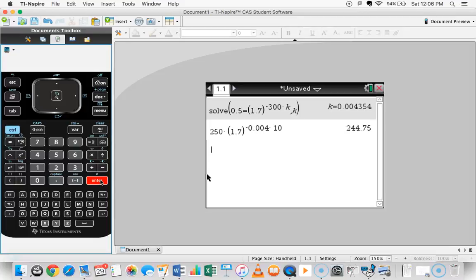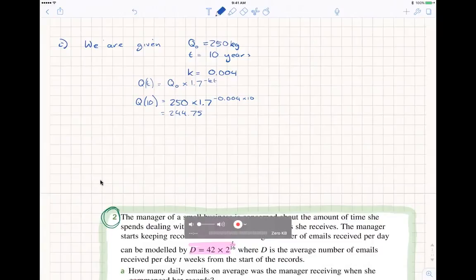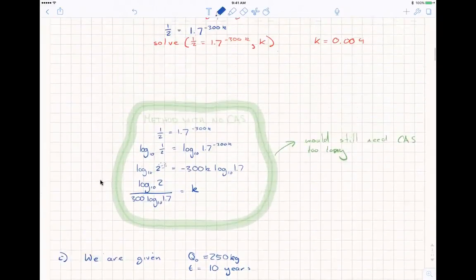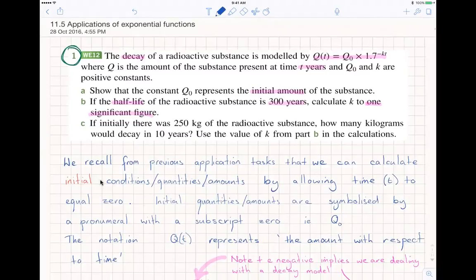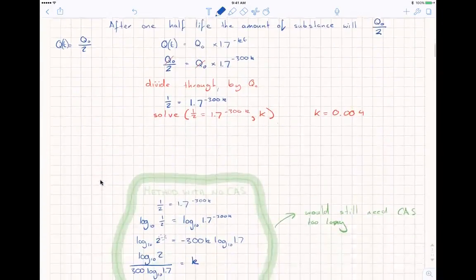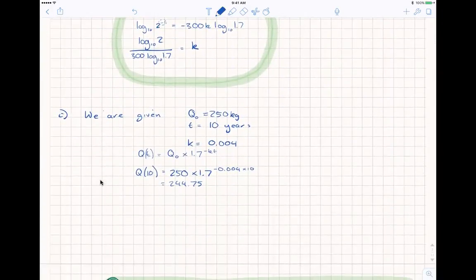Now that is not the answer, because if we read the question, we didn't have 244.75. What they asked us was, if initially there were 250 kilograms of the radioactive substance, how many kilograms would decay? Not how much is left, but how many would decay in 10 years. So we know that we've got 244.75 kilograms left.